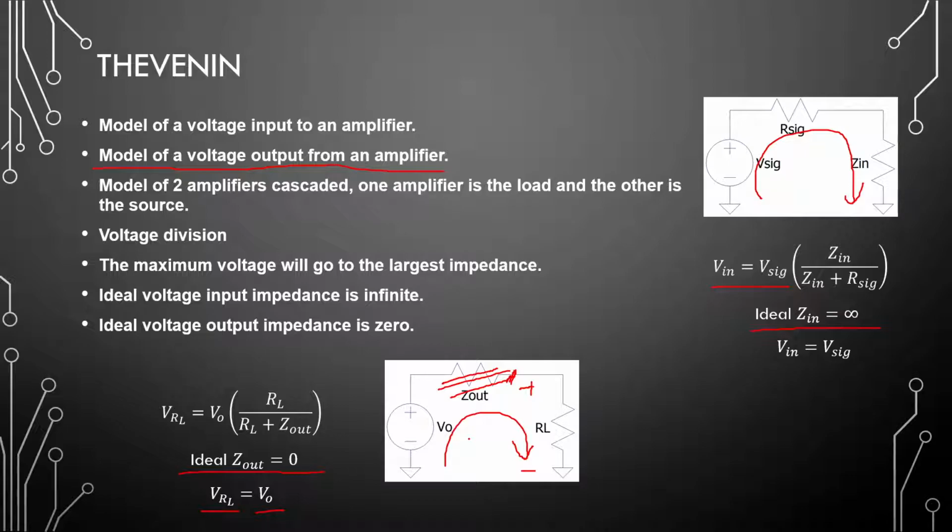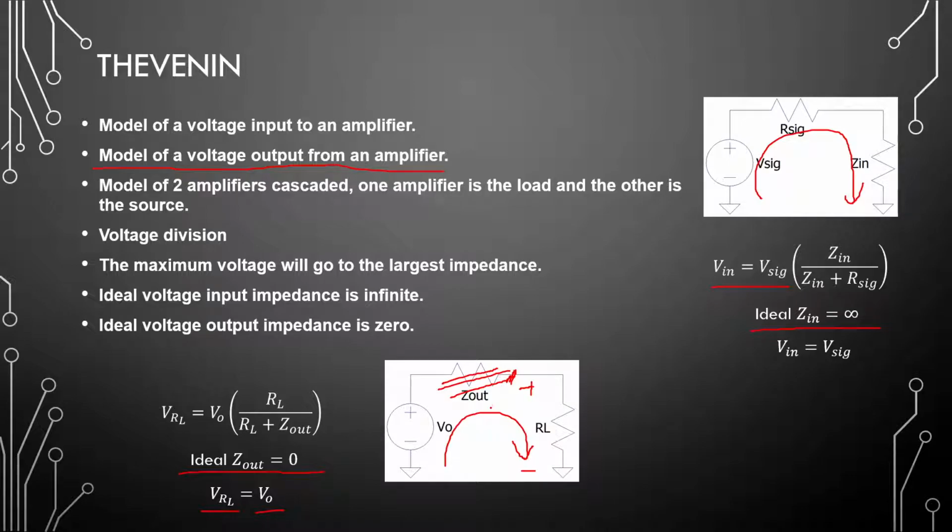So if we quickly take a look at the common emitter amplifier, the common emitter amplifier has a large input impedance, or it can have a large input impedance. So we can satisfy this kind of easily. But the moment that we add a load to our common emitter amplifier and it's a small-ish load, our gain drops significantly.